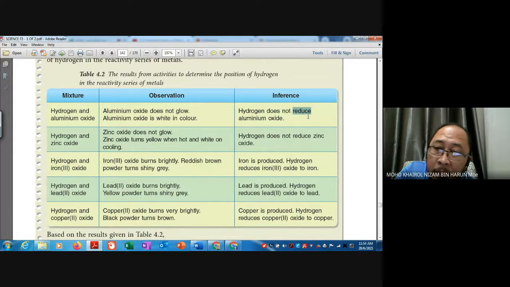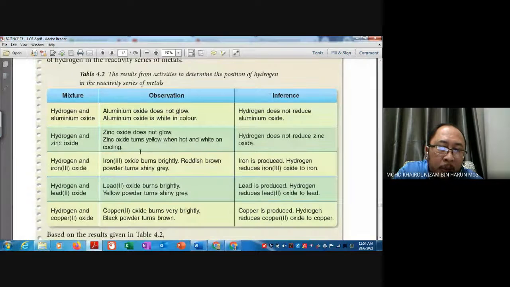Never mind, just follow the words given here. If hydrogen is less reactive, it means that hydrogen cannot reduce aluminium from its metal compound. So because hydrogen is less reactive than aluminium, no reaction occurs.